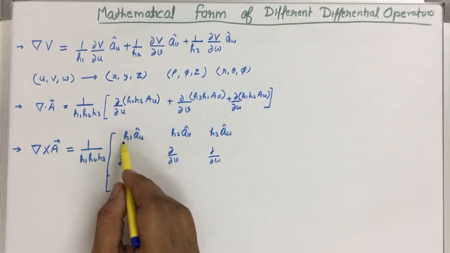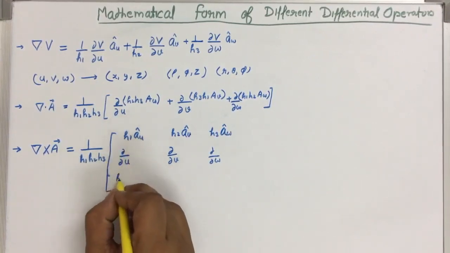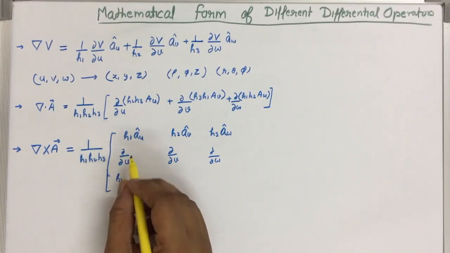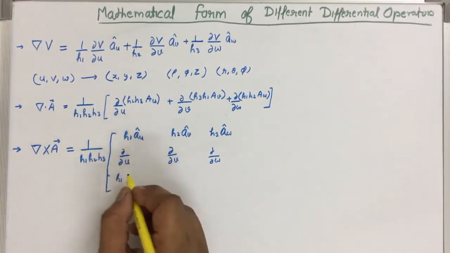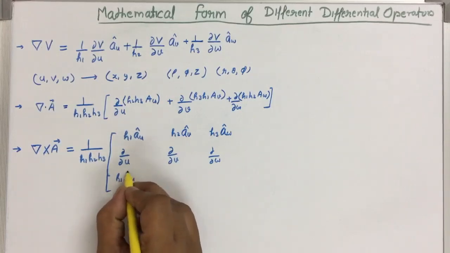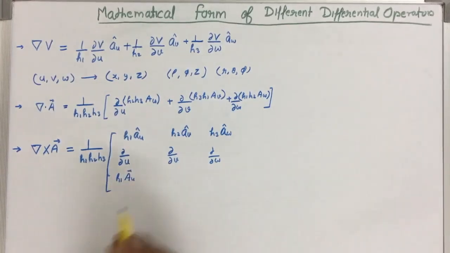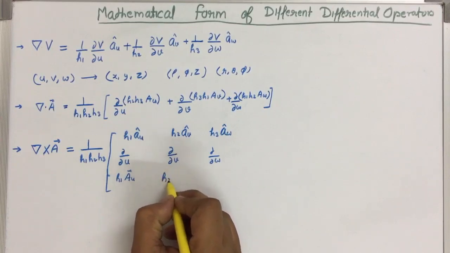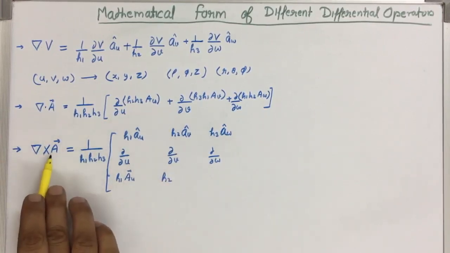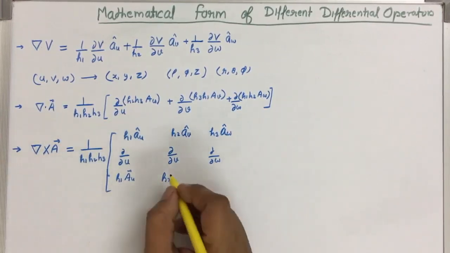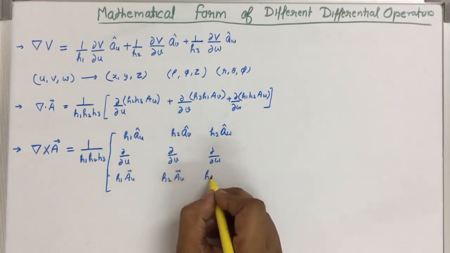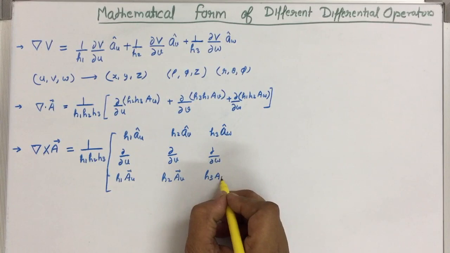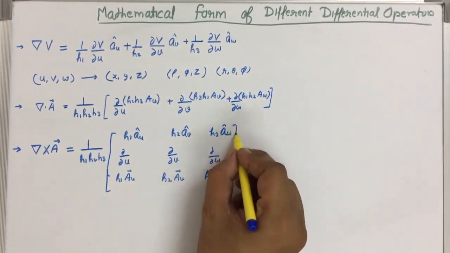Here it will be h1 times the component of A in the direction of a_u. Here h2 times the component of A in the direction of v and A in the direction of w.